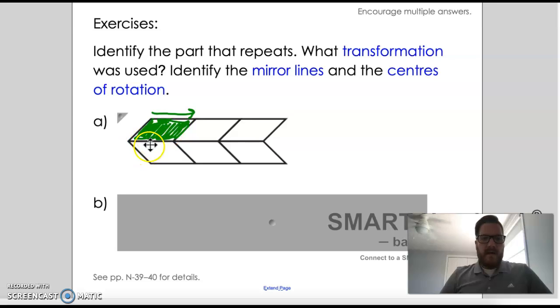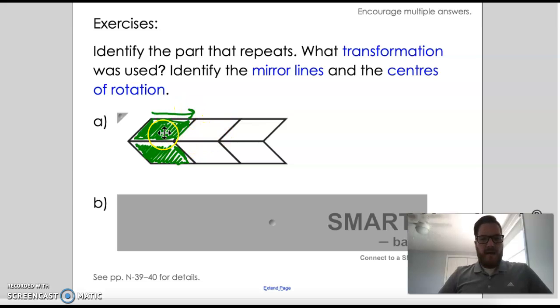The other way to look at it is if you want to keep it really simple, you could say, well, these are the two parts that are being translated, and that stuff's just being translated to the right every time. That's probably the simplest way to do it.